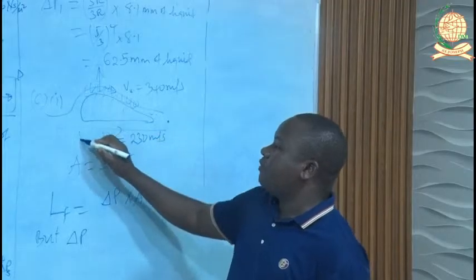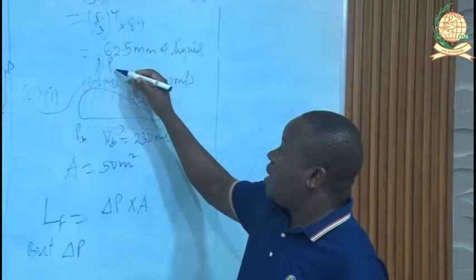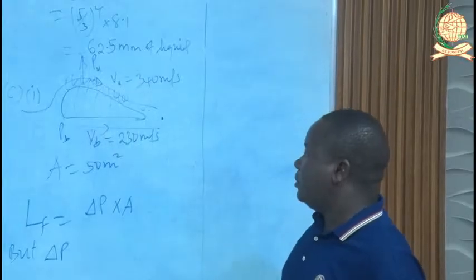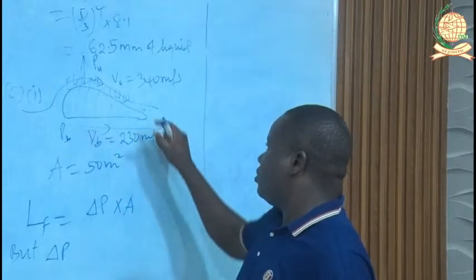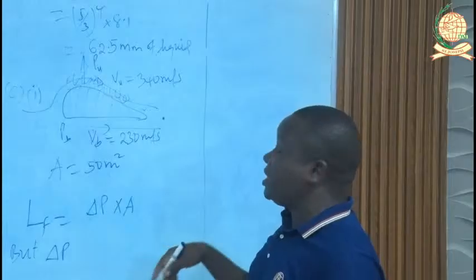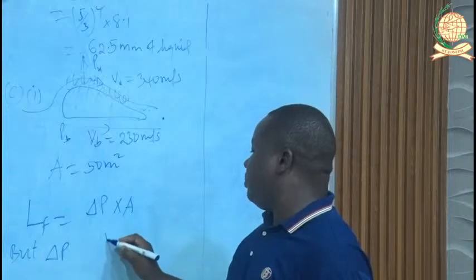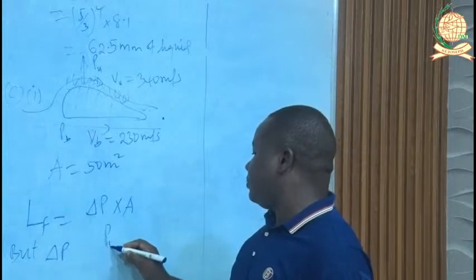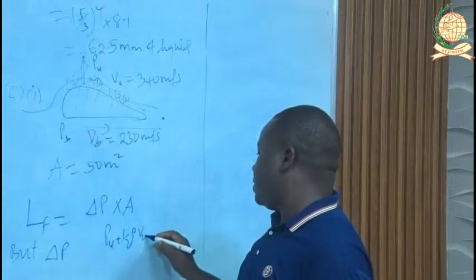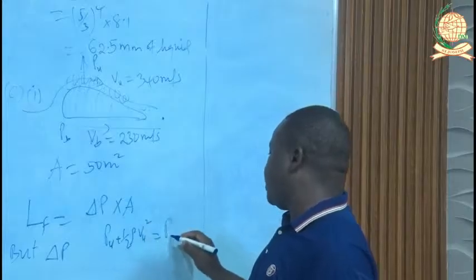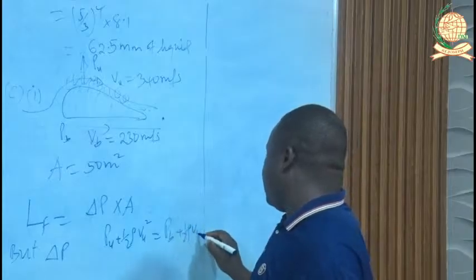For Bernoulli's principle, if this is the pressure below and this is the pressure above or upper, because this is very thin, we assume it is horizontal, there is no elevation, or the elevation is negligible, then the pressure upper plus half density velocity upper squared equals pressure below plus half density velocity below squared.